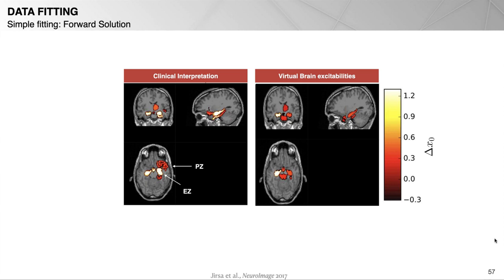And here you have the comparison between the clinician predictions. Here, in yellow, it's the epileptogenic zone. In red, it is the propagation zone.